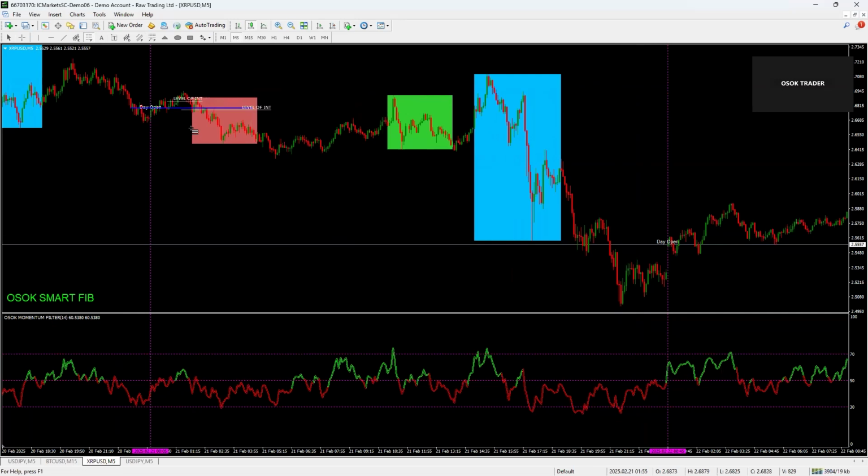It was giving sell entries, sell, sell, sell, until it went above, right? Violated the sells there. And then went above this zone, meaning it's buy, buy, buy, right?